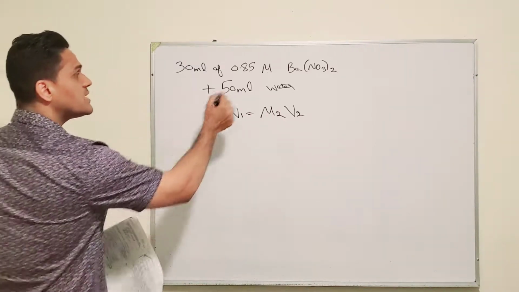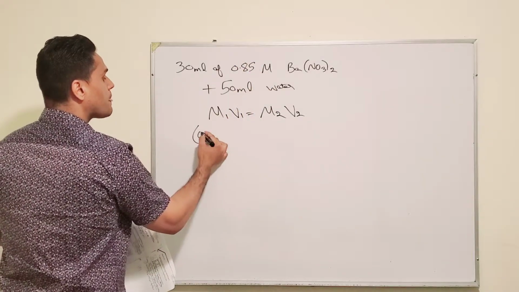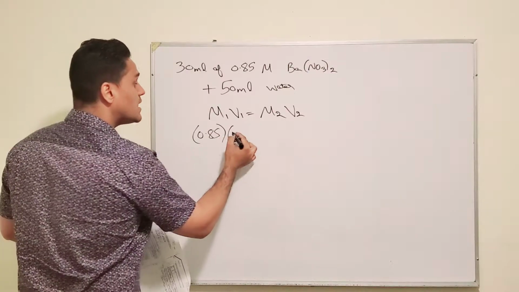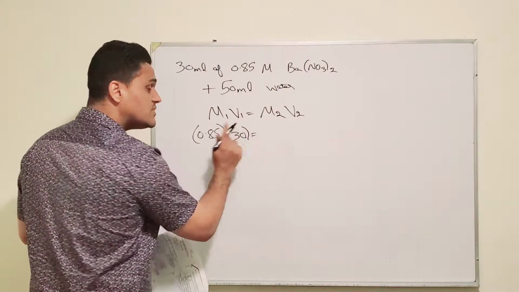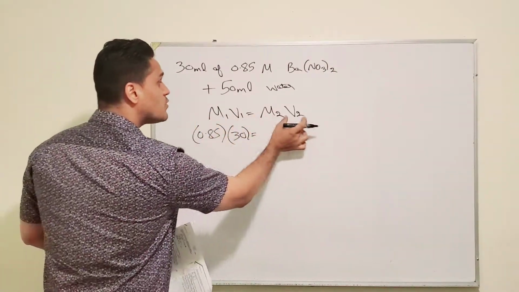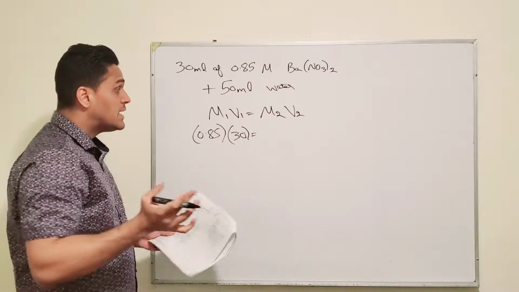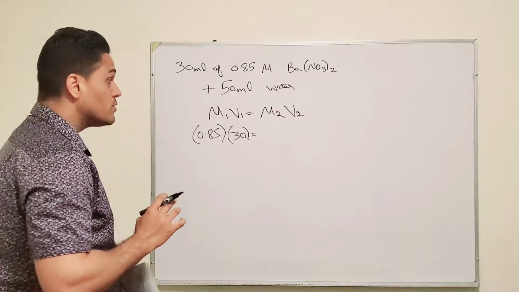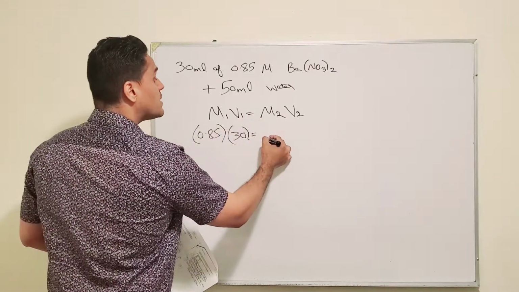Now guys, what was my initial concentration? That was 0.85, and my initial volume was just 30 ml. We can leave these in ml, guys. As long as both of these volumes are in ml, they're just going to cancel out, so we can use ml in this formula.